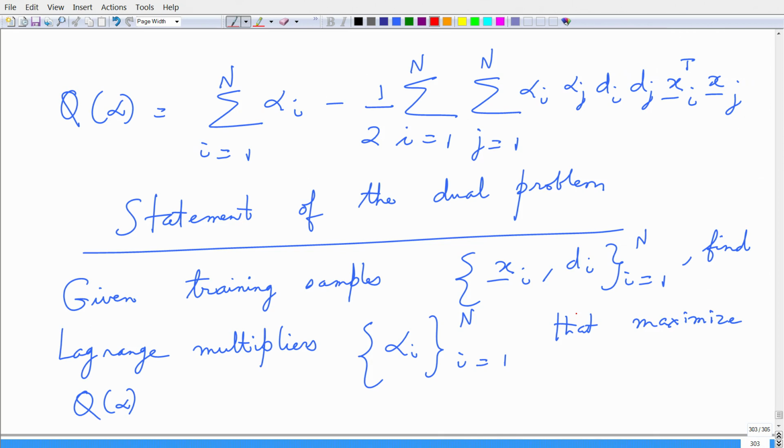Xi is a vector, di is the response which is +1 or -1, and given the training samples, that is xi, di pairs i equals 1 to n, we are interested in arriving at Lagrange multipliers alpha i, i equals 1 to n, that maximize q of alpha.